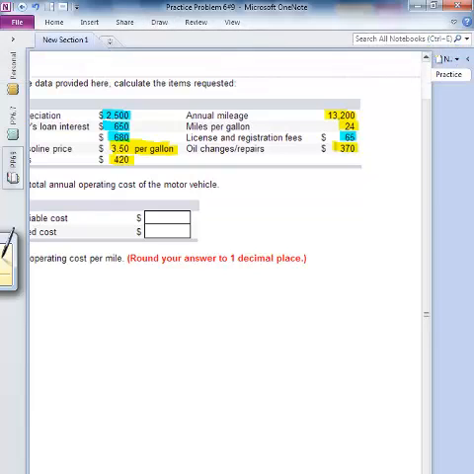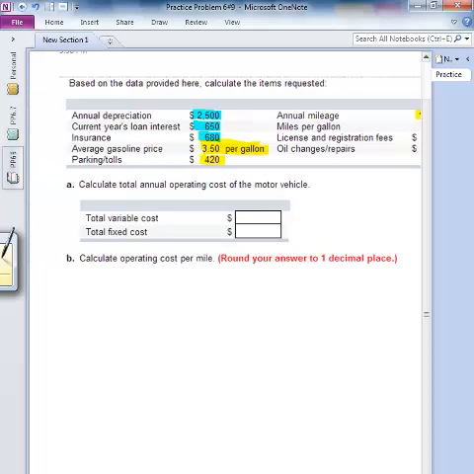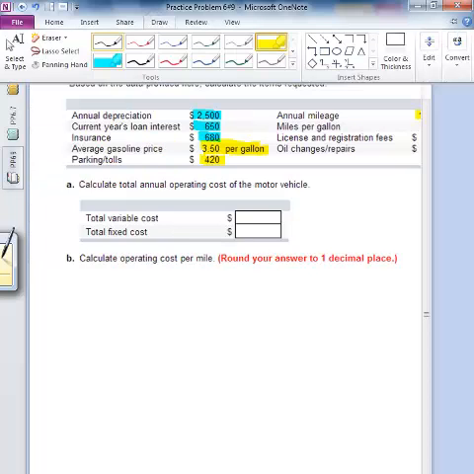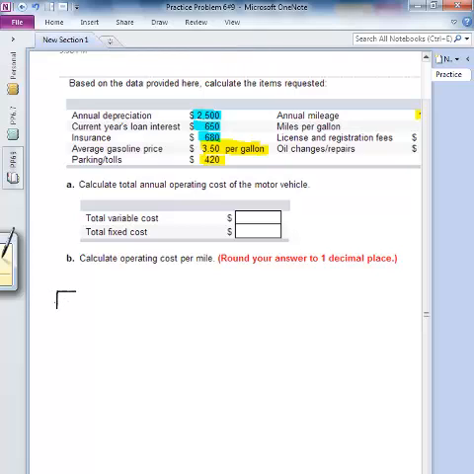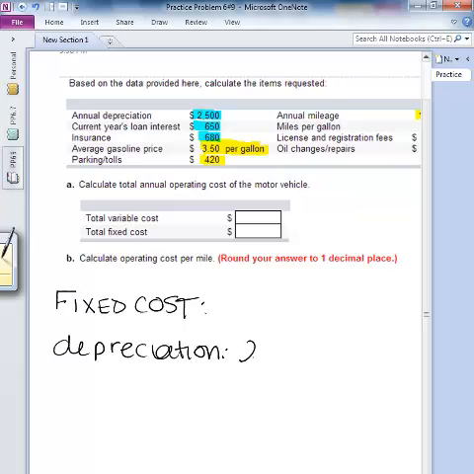Coming back over here to calculate our total variable and total fixed costs, we're just going to add up the different colors. I'll add up the blue first as our fixed cost. I'm adding up our depreciation, which is $2,500. Adding that to loan interest, which is $650.